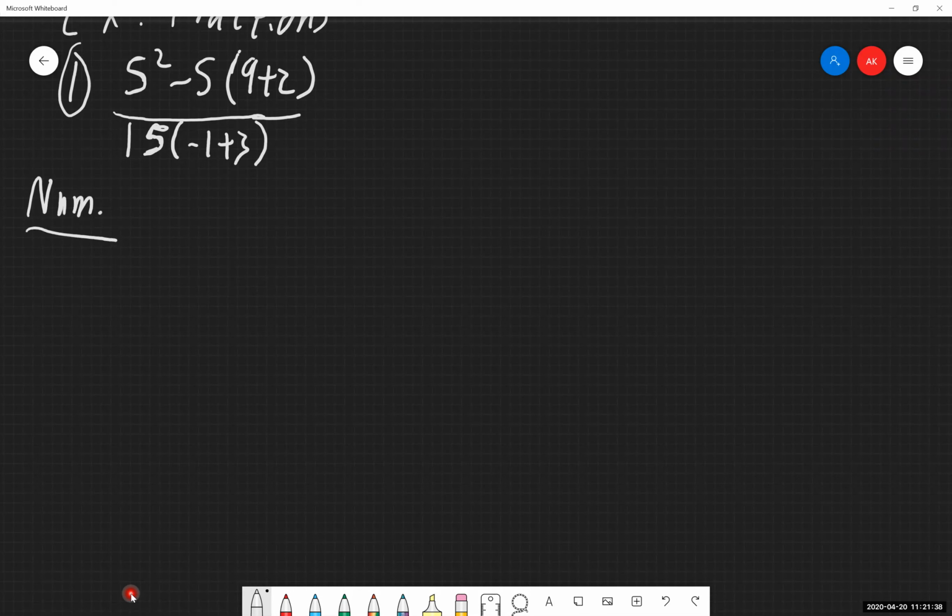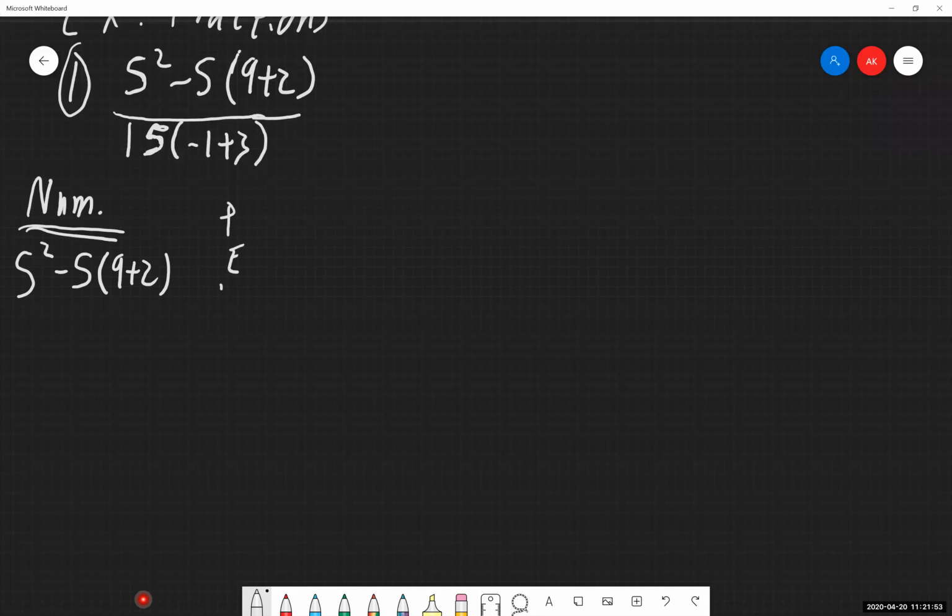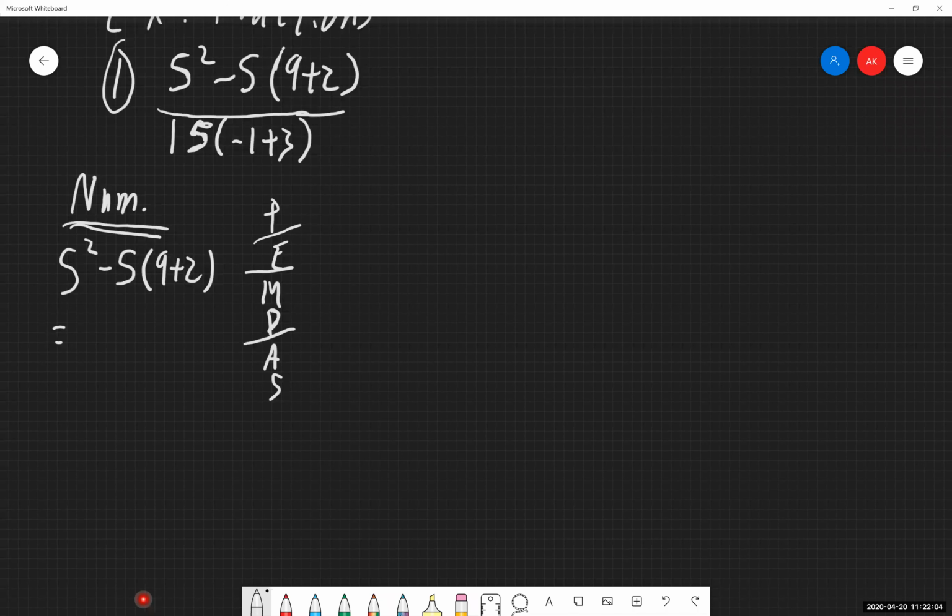So we're going to work with our numerator first. All I'm doing is rewriting the numerator here. I'm going to simplify that on its own, and then I'll work with the denominator afterwards. So I'm following PEMDAS, but just for a portion of this. I have parentheses, this 9 plus 2, so I'm working with that first.